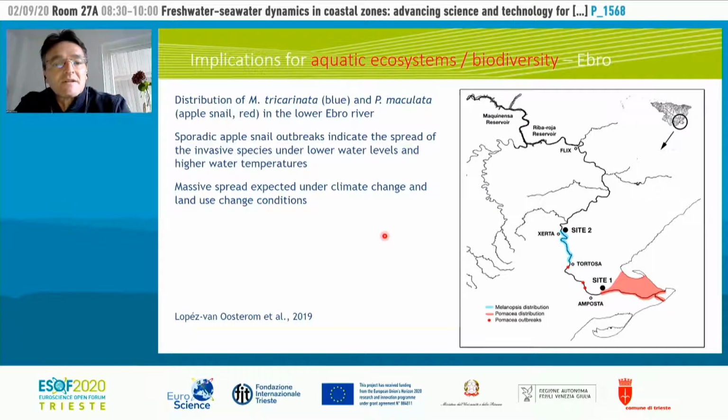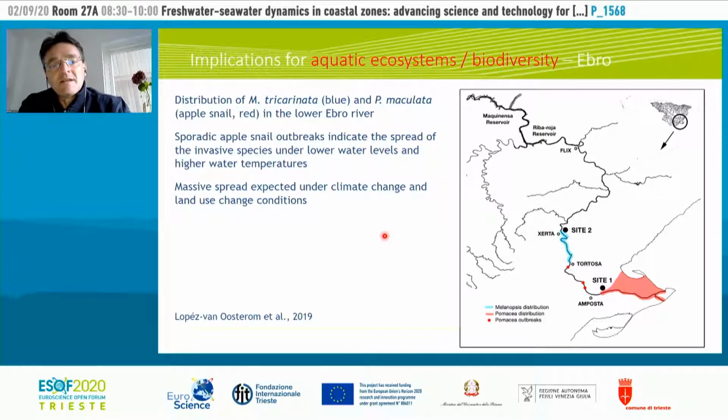So the Melanopsis tricarinata, which is an endemic species to the lower Ebro system, versus the Pomacea maculata, or apple snail, here in red, which is an invasive species. And monitoring evidences that there are apple snail outbreaks, so a spread of this invasive species, under lower water levels and under higher temperatures.